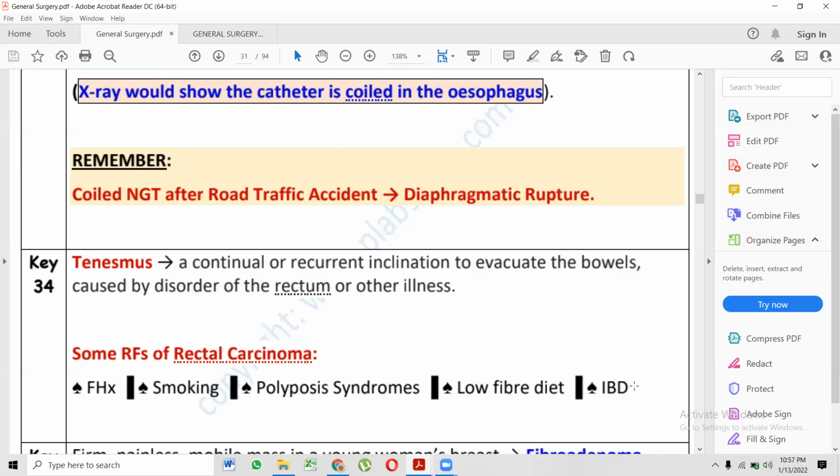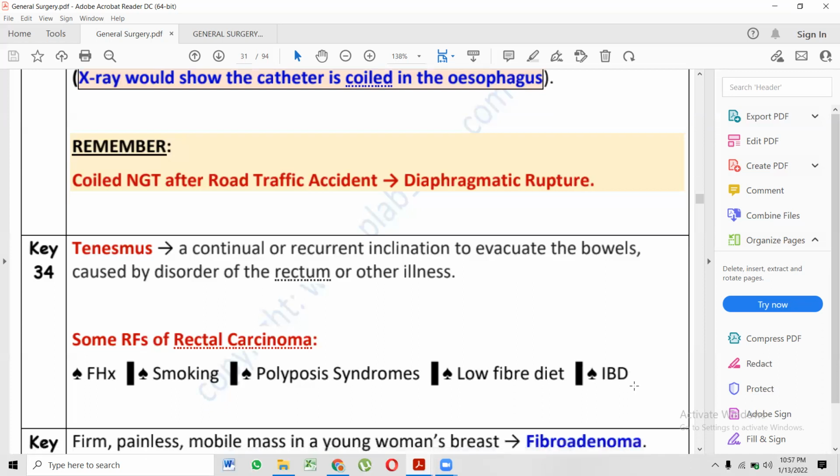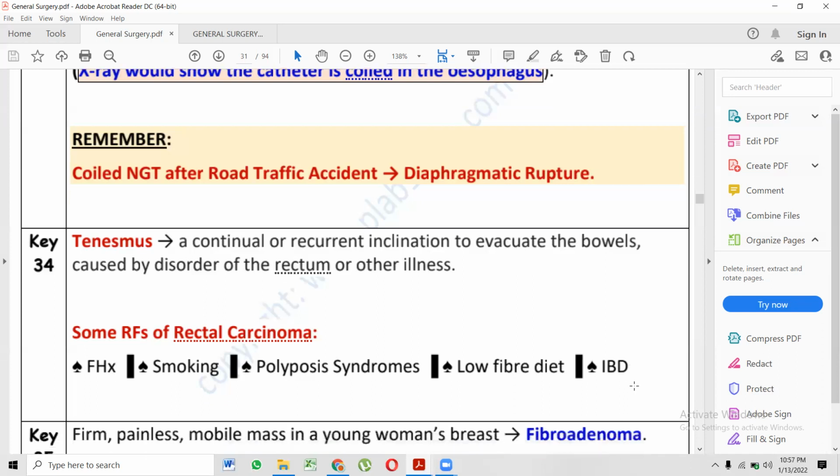So if cells are continuously dividing, then there is a risk that a mutation can occur during mitosis, which can lead to colorectal carcinoma. So inflammatory bowel disease is also a risk factor for colorectal carcinoma.